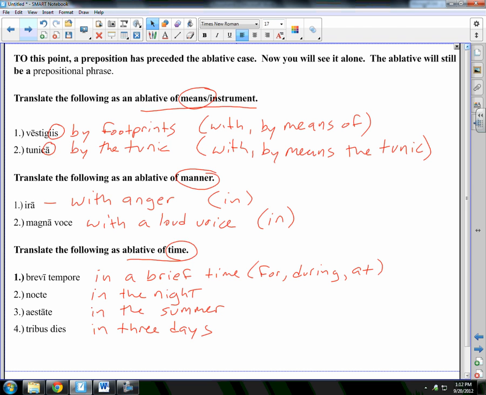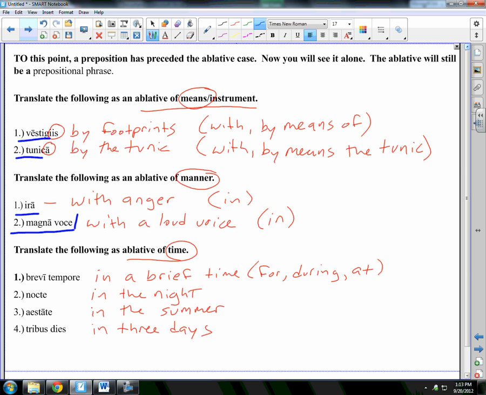Now, here's the key. If I look at these words, ablative of means are objects. They're going to be nouns that can be used to accomplish a task. Manner, a lot of times, are going to be emotions, and sometimes they're not going to be emotions, but they're going to be the manner with which something is done. Can be voice, in a loud voice, with a stern look.